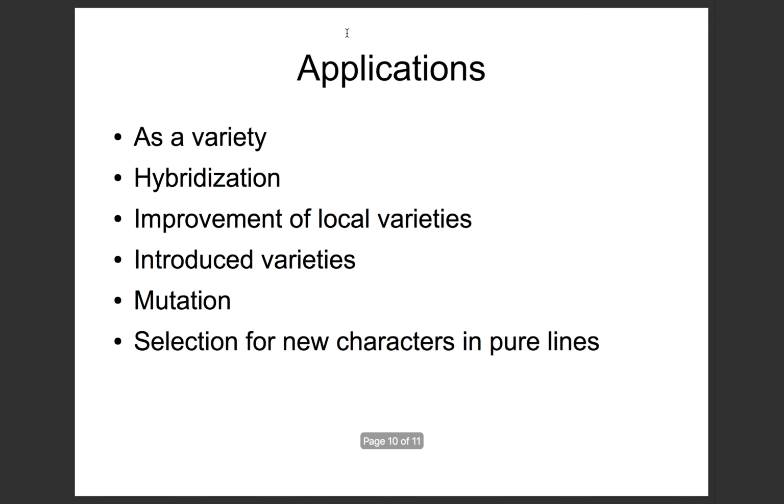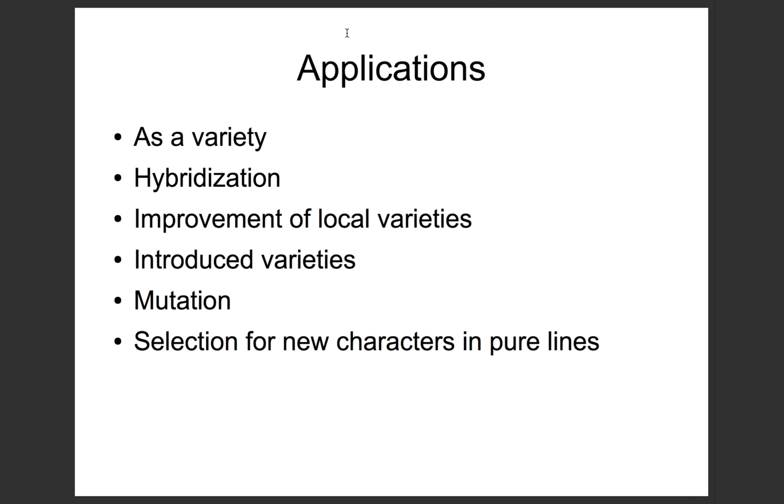And now, if we see into the applications of pure line selection, the pure lines developed by selection can be directly released as varieties, or they can be used in hybridization program as parents, and they can also be used in the improvement of local varieties.